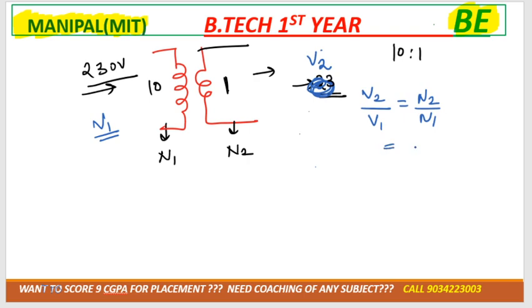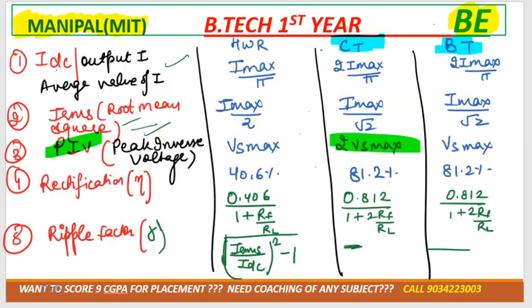So that would be how much? N2 by N1 is 10 by 1 multiplied by, no, sorry, 1 by 10 into 230. So that would be 23 volt. Okay? Clear?